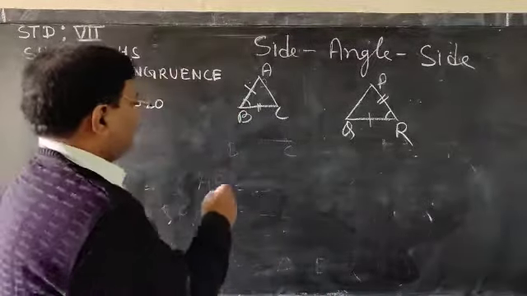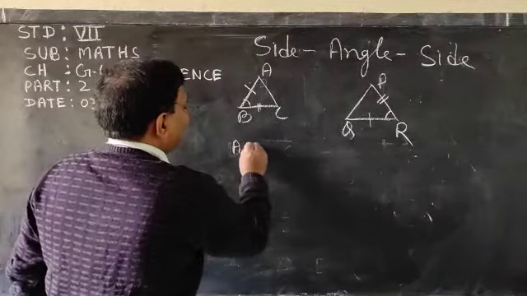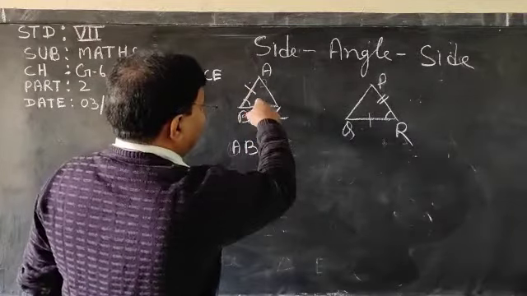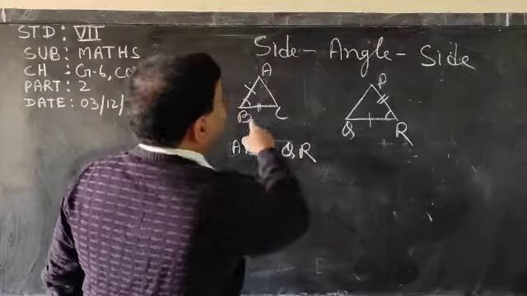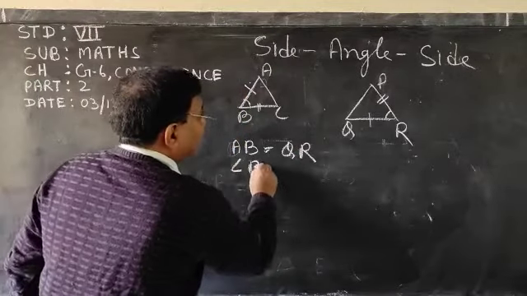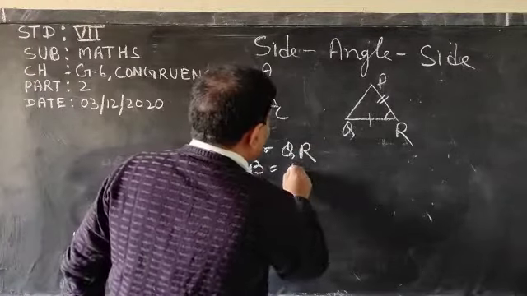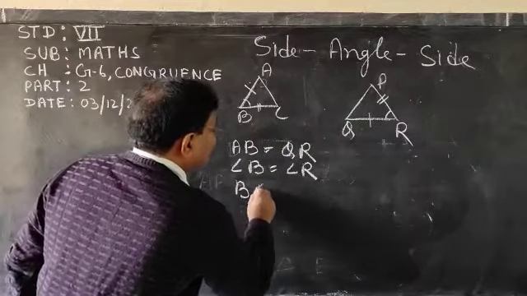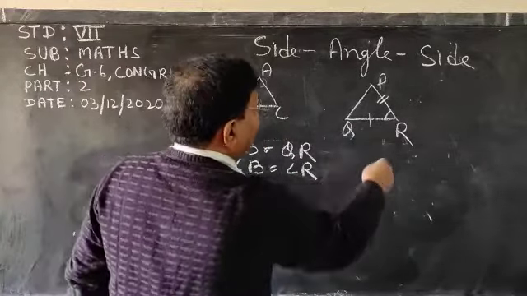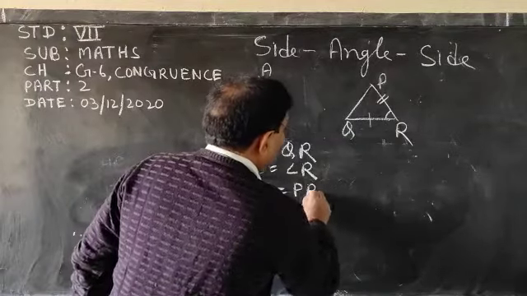Now how? AB is equal to, see this single mark, QR. Angle B is equal to angle R. And BC is equal to PR, double mark.